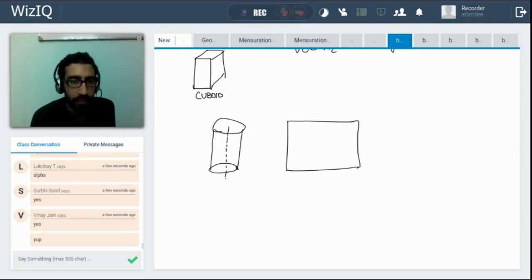the base circumference becomes this side. This is essentially 2 pi r, where r is the radius of this circle, or the base circle, whichever circle you want to take. Both are the same. And the height obviously remains the same.